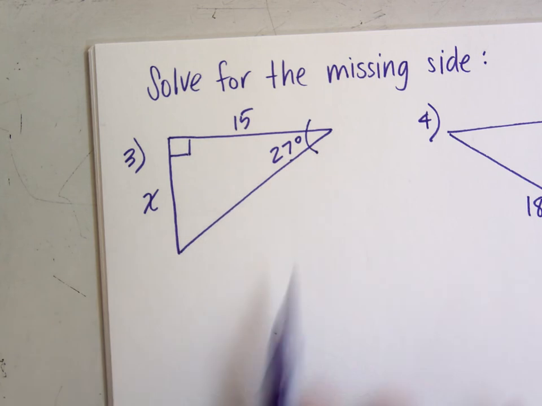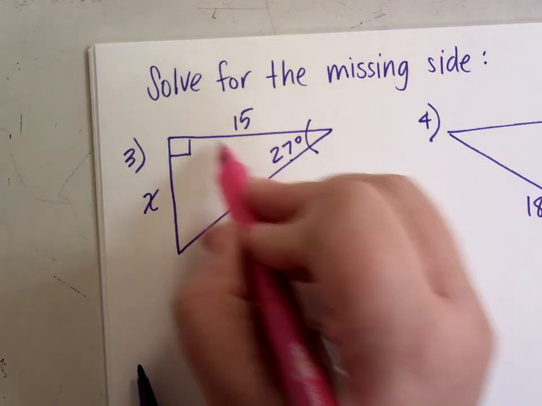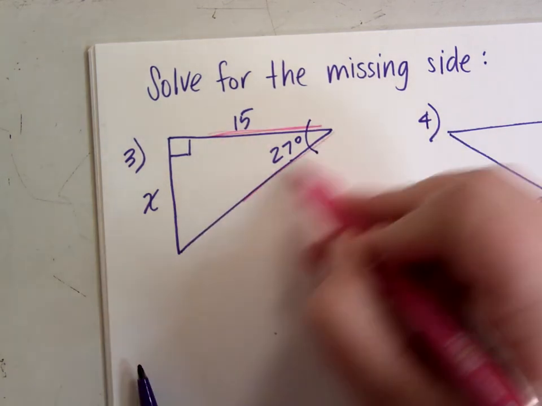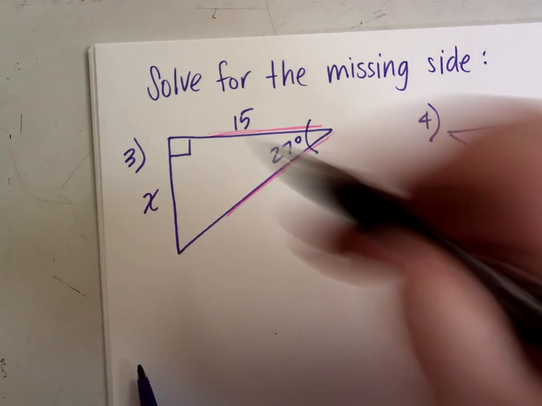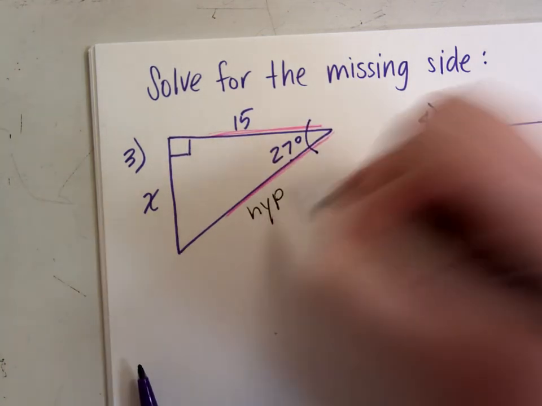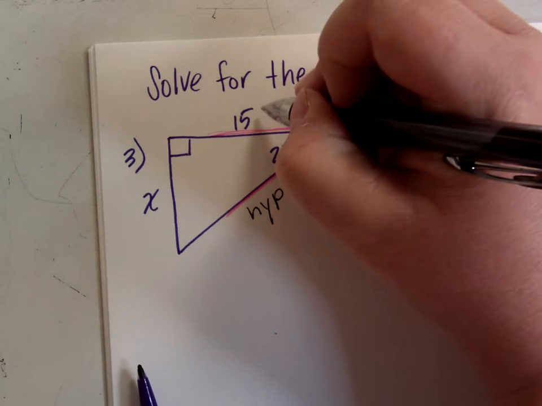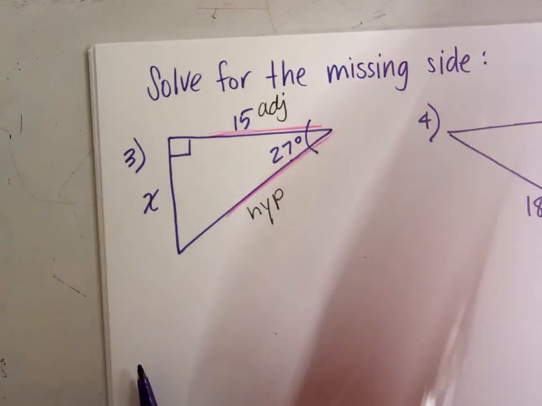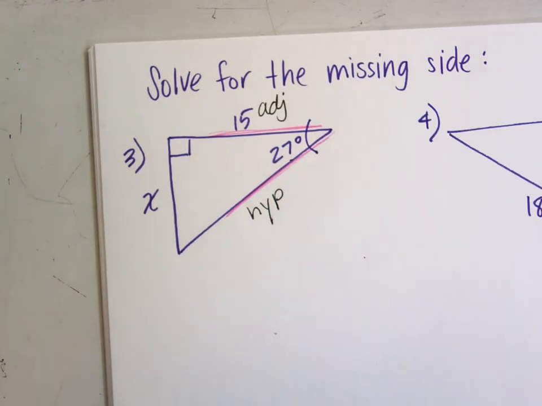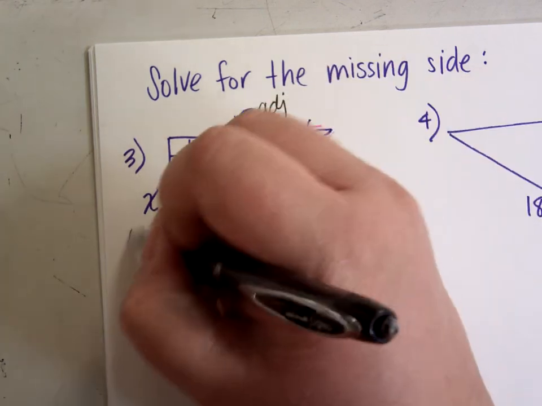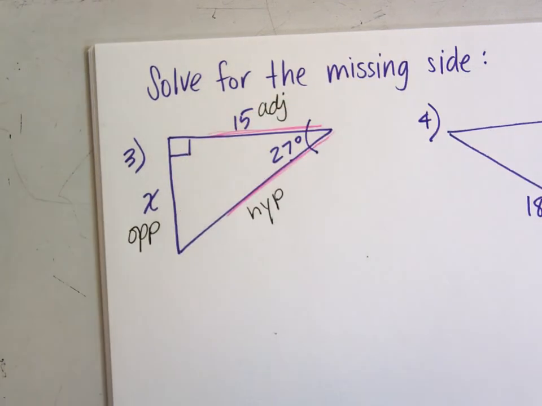That angle has two sides. One of them is always the hypotenuse. The other is always the adjacent side. So 15 is adjacent, this side that has nothing is the hypotenuse, and that makes this side over here the opposite. So step one is to label your triangle according to the angle you're going to use.